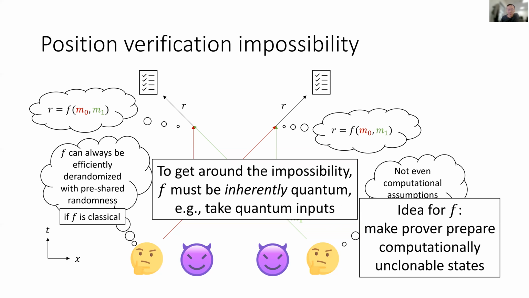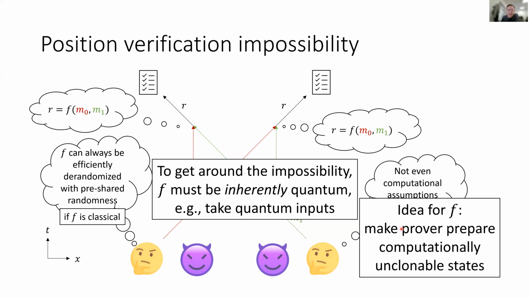However, there is also another idea of getting a quantum function, especially if you want classical communication. Then this F is just a function, but maybe instead we need to have a classical function that is inherently quantum, which means that only a quantum computer can evaluate this function.